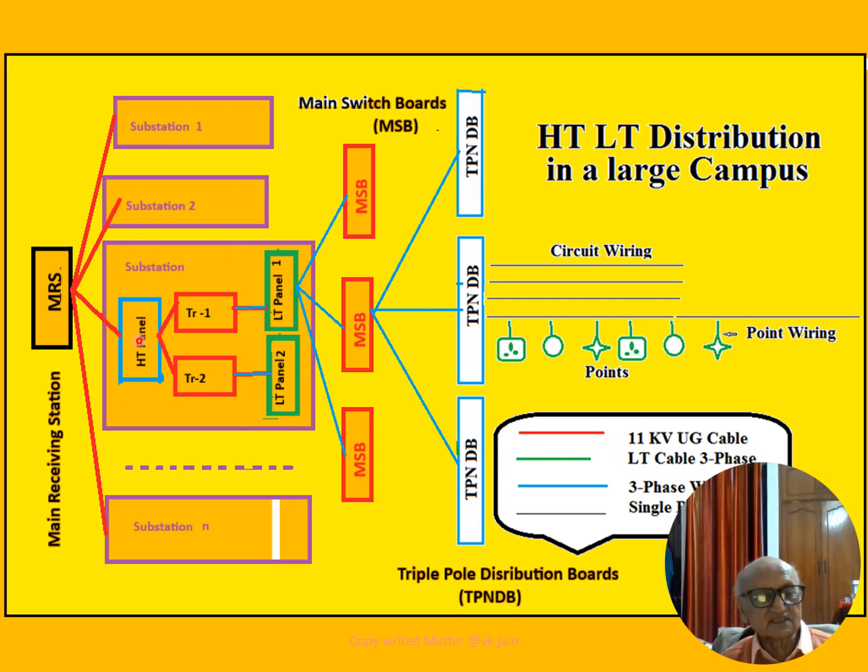This substation has an ST panel and metering system, and this ST panel is connected to two transformers. Normally, we always utilize two transformers in parallel, and transformer 1 is connected to LT panel 1 and another is connected to LT panel 2.